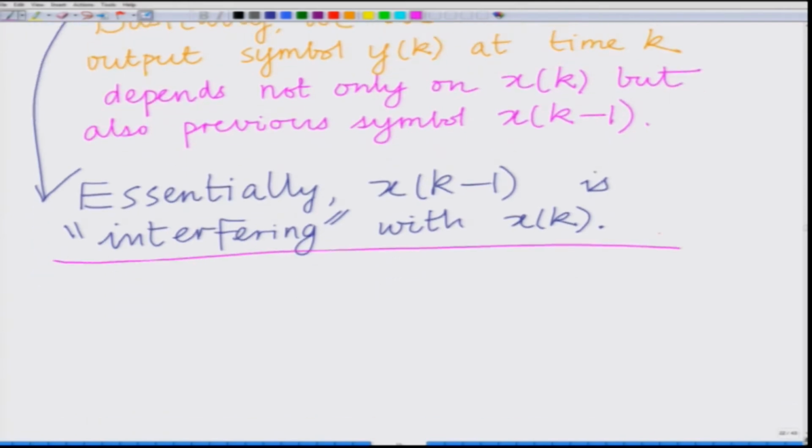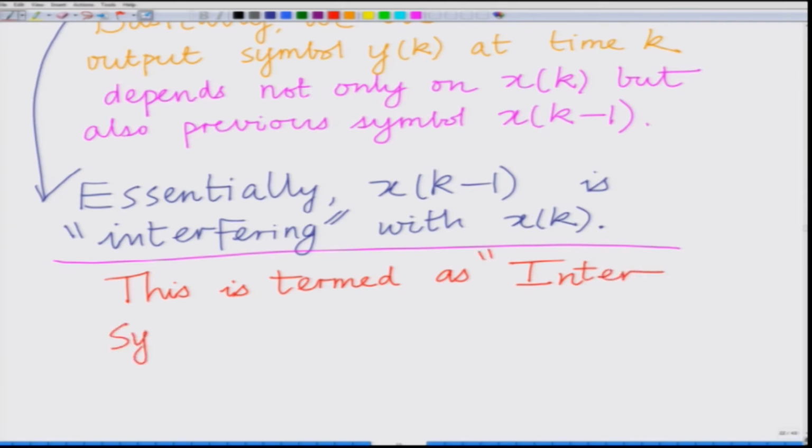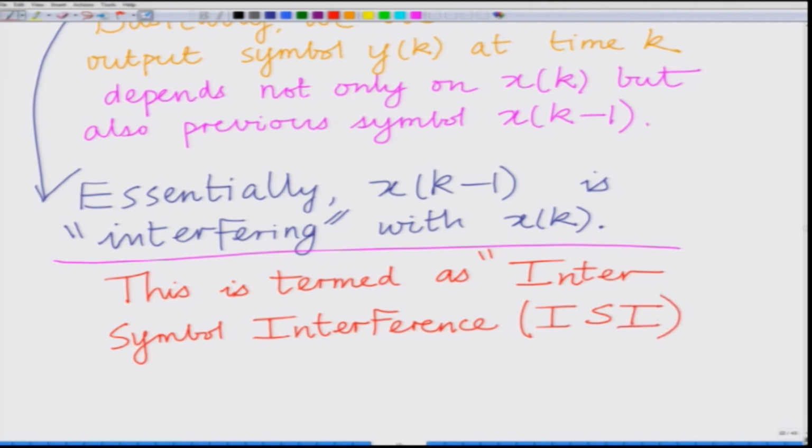This is termed as inter-symbol interference or ISI, where the previous symbol xk minus 1 is interfering with the current symbol xk, that is, yk has the effect of both xk and xk minus 1.